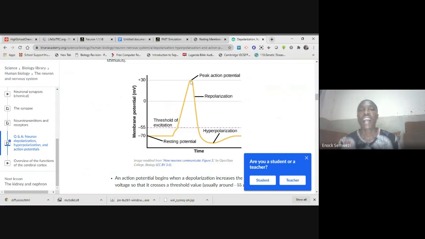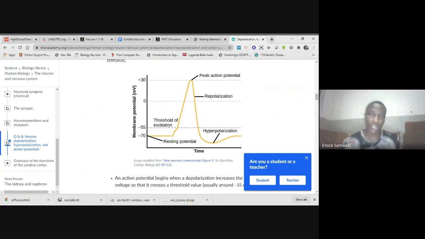So at the peak, that's when we have maximum sodium ions inside the membrane. And at that point, the inside is more positive than the outside. And still at the peak here, it is only the sodium gated channels that are open, but the potassium gated channels are not yet open.